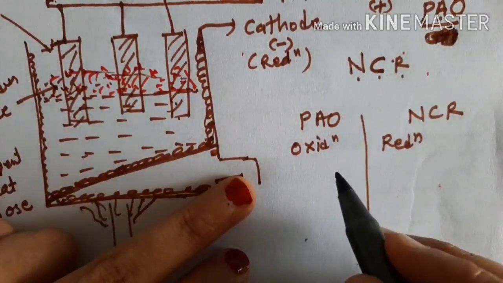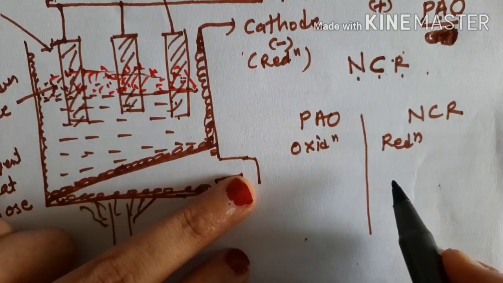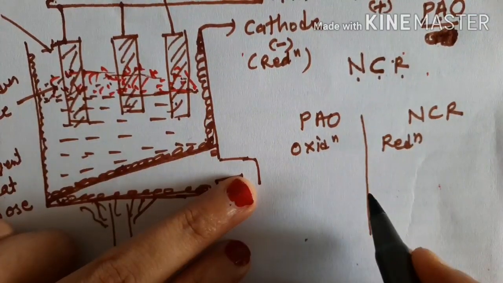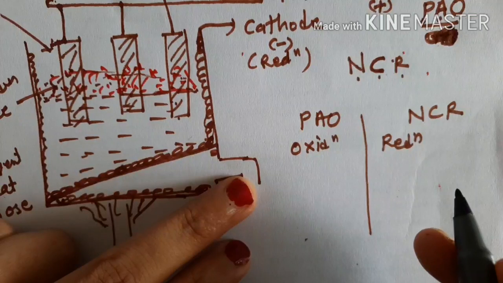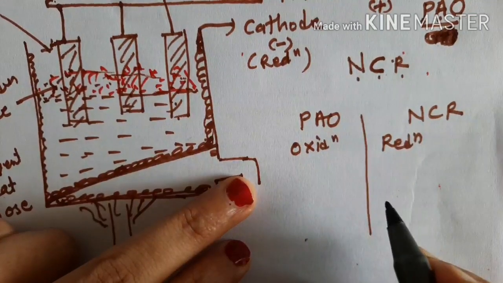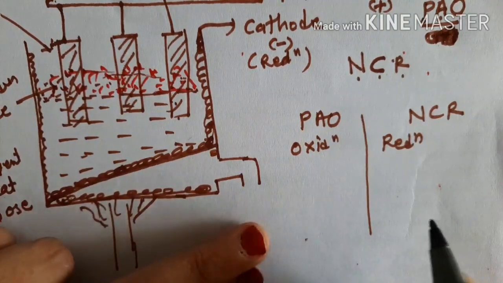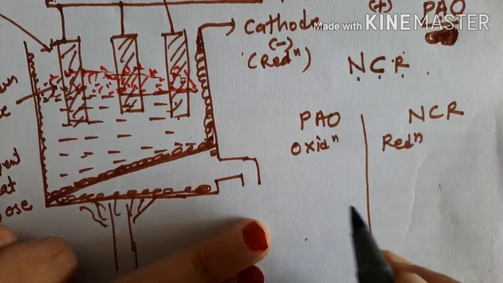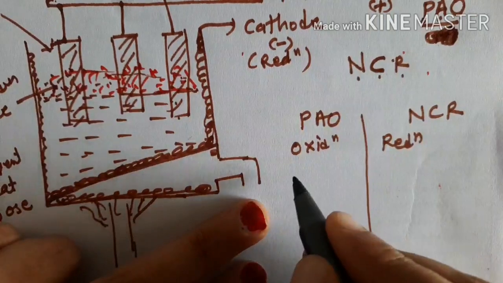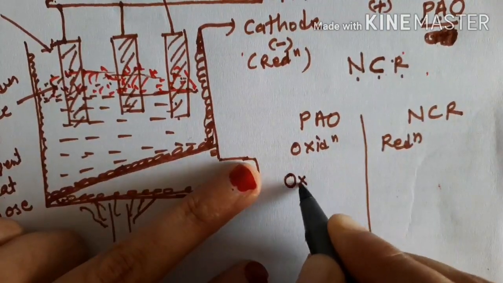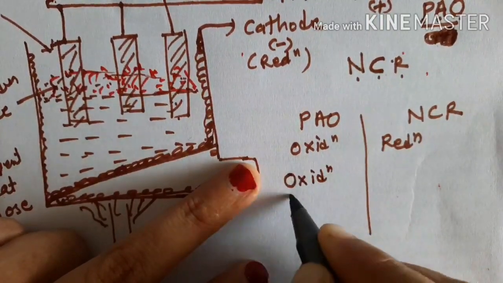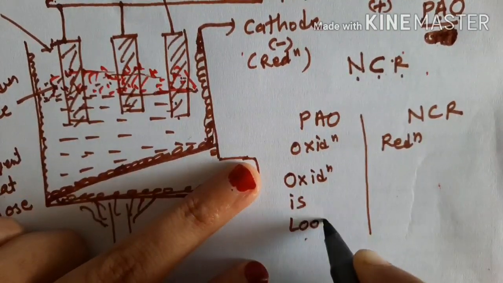on the anode the oxidation happens, which means that the particular metal loses its electrons and converts into a positive ion. What is oxidation? Oxidation is a loss of electrons, we can say.